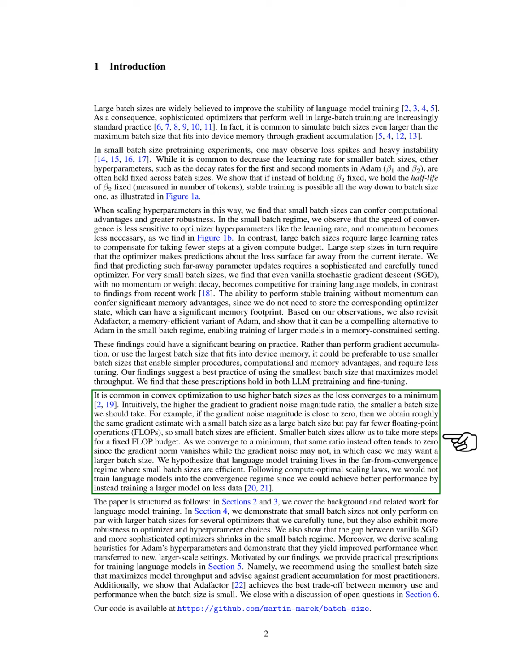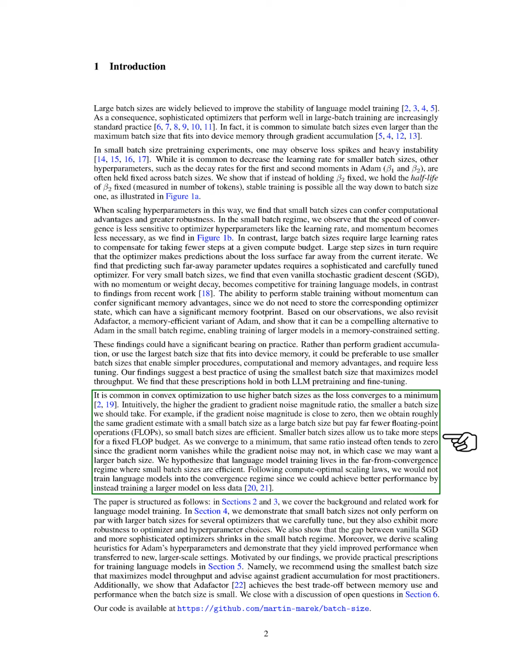Contrary to earlier findings, we demonstrate that small batch sizes, even as small as 1, can perform just as well or better than larger sizes. Additionally, we show that small batches are more resilient to changes in optimizer and hyperparameter choices, allowing SGD to compete effectively. We validate our results on language models with modern architectures and up to 1.3 billion parameters.